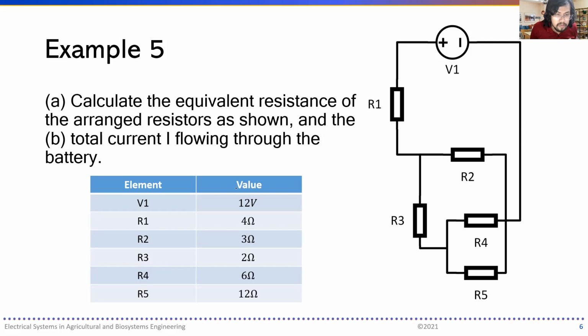R1, R2, R3, R4, and R5 are given as 4 ohms, 3 ohms, 2 ohms, 6 ohms, and 12 ohms. Okay, let's solve it.